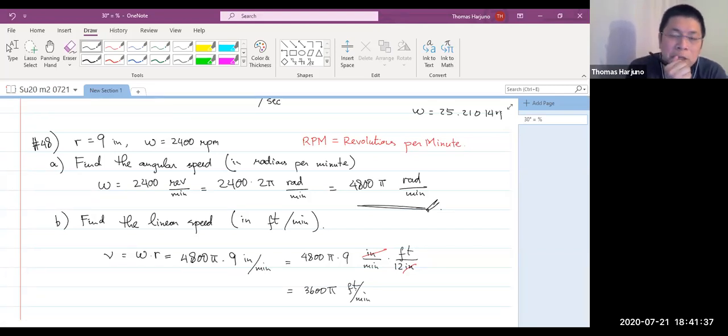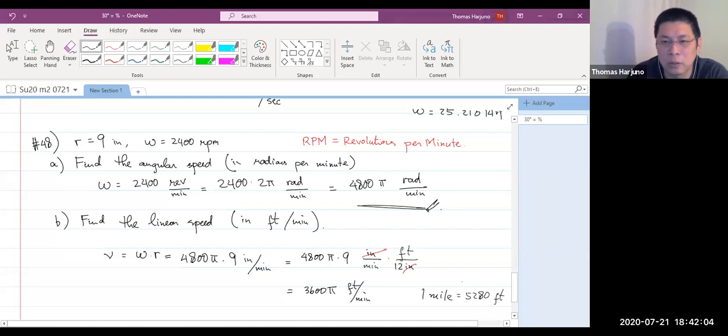Okay, so in 1 minute, this wheel actually travels as far as 3,600 pi feet. In 1 minute, it travels more than 1 mile. By the way, 1 mile is 5,280 feet. Is it 5,200 or 5,100? I think it's 5,280 feet.